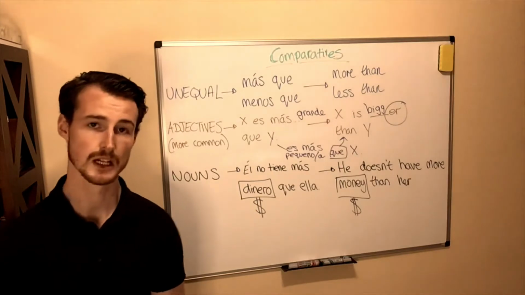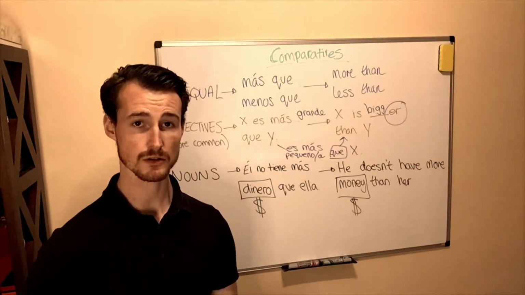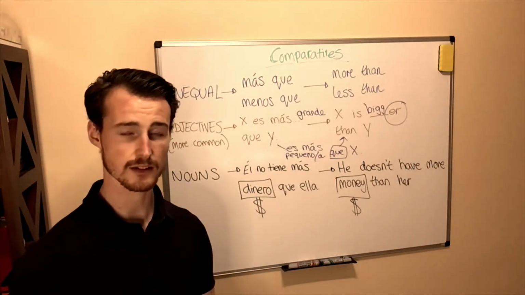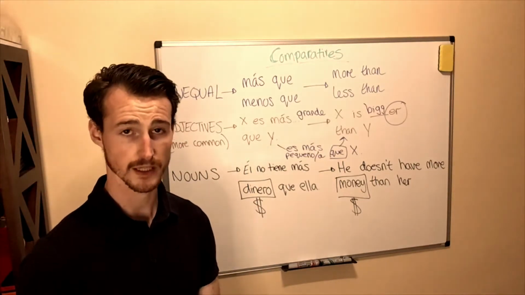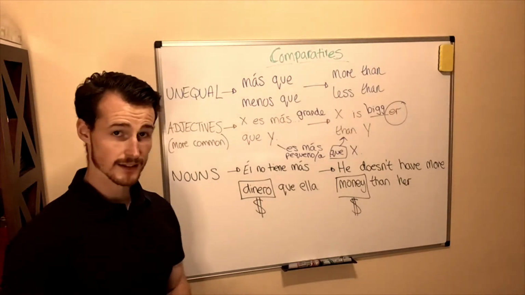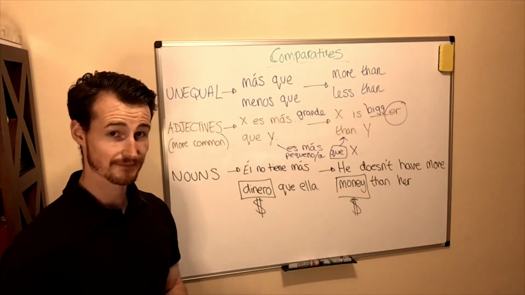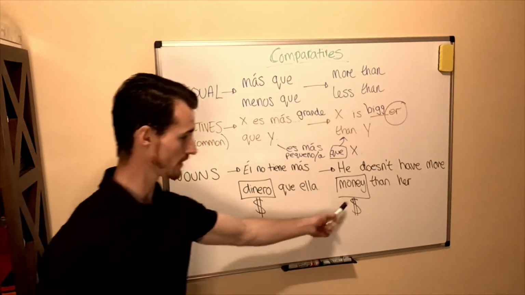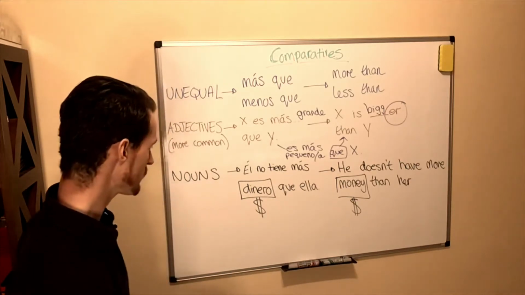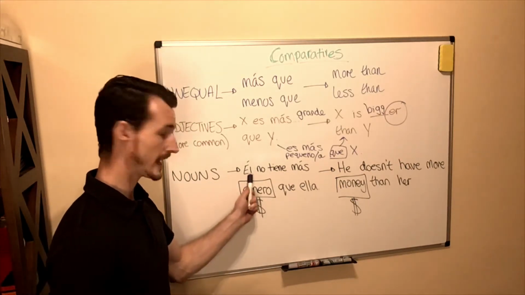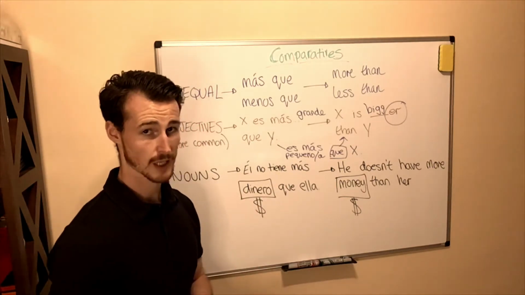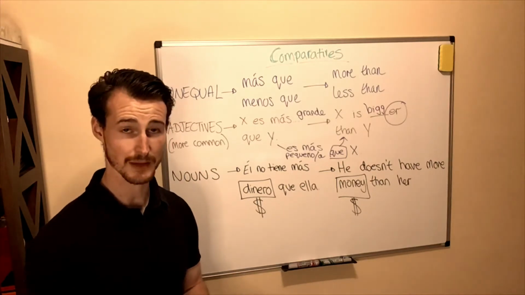Very good. Now, apart from adjectives, we can also use comparatives with nouns, okay? So nouns are things, are objects, are people, okay? A person, a country. The noun in this sentence, can you spot it? Dinero, money, okay? El dinero in Spanish is money. So here we have, él no tiene más dinero que ella. Couple of things for you Spanish beginners.